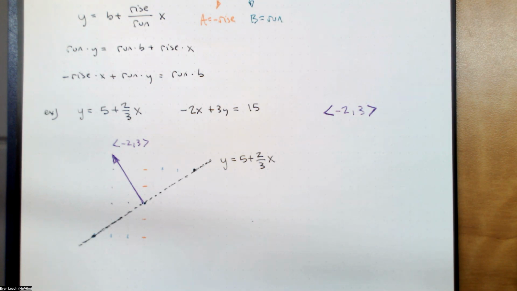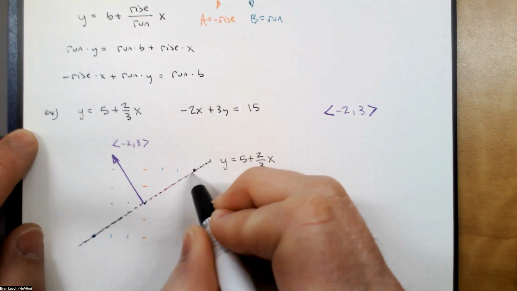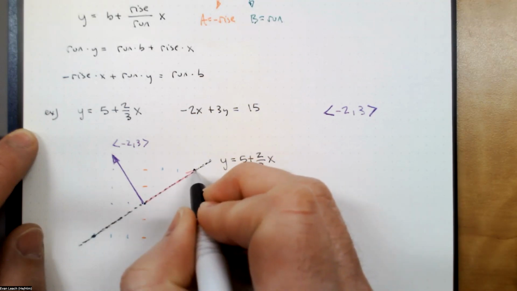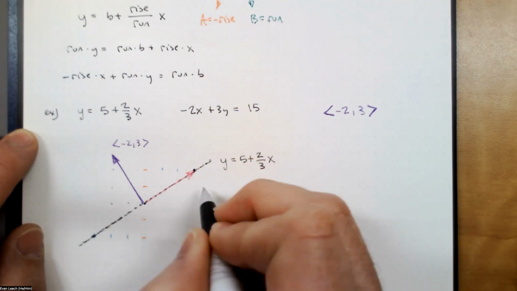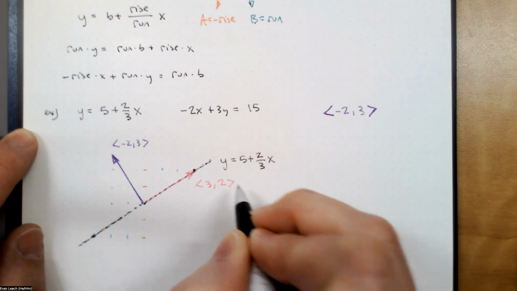Another way we could think about it is, what is a vector that describes the original line? 2/3 is the slope. That's how we normally describe slope, with one number, the change in y divided by the change in x. But if I wanted to describe this with a vector, the run is 3 and the rise is 2.